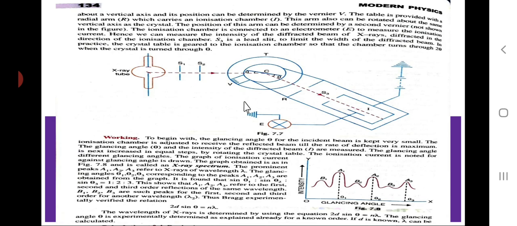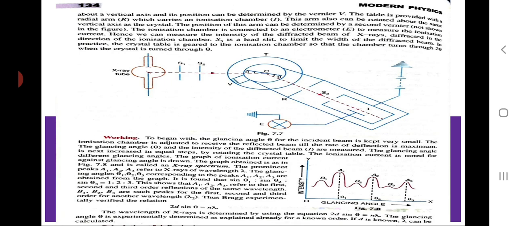The ionization chamber is connected to an electrometer E to measure the ionization current. Hence, we can measure the intensity of the diffracted beam of X-rays diffracted in the direction of ionization chamber.